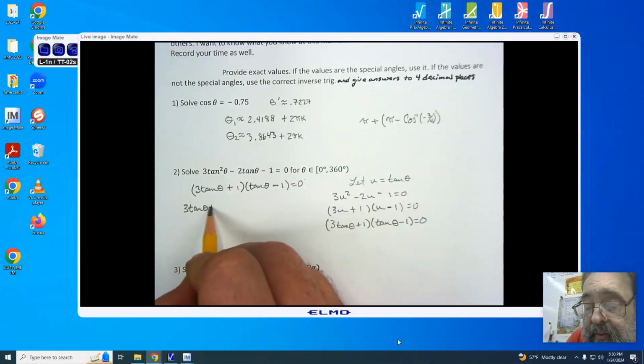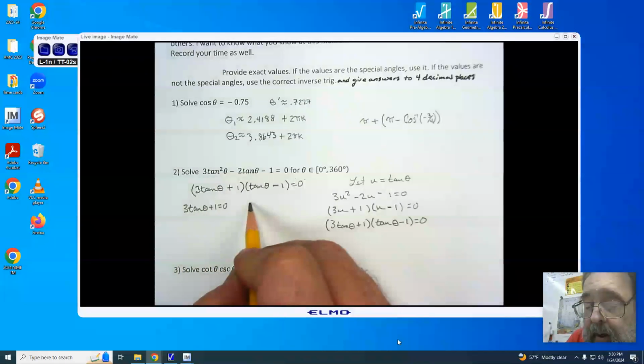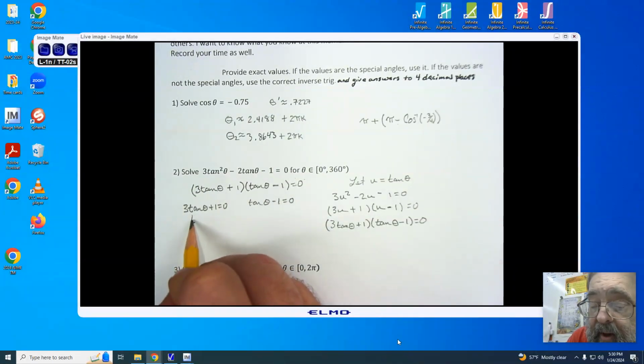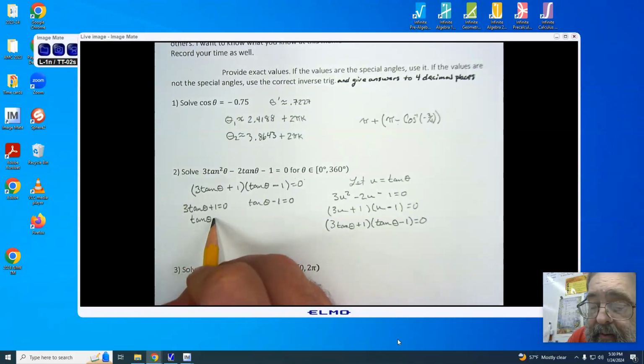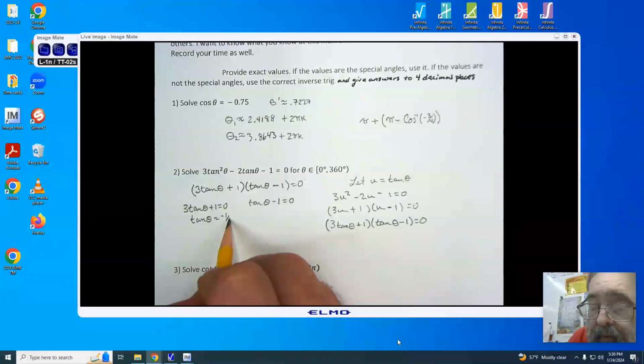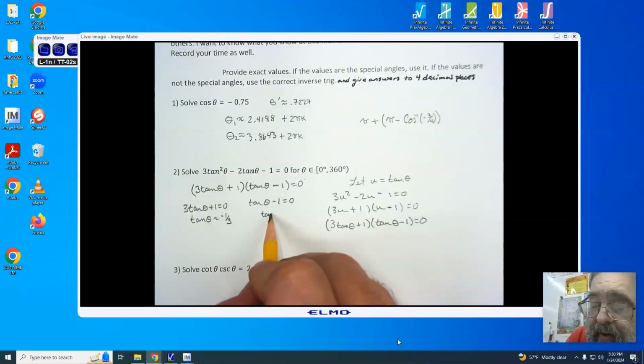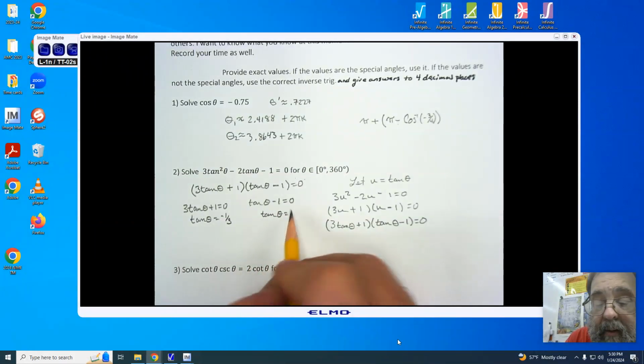Tangent of theta plus 1 should equal 0, and the tangent of theta minus 1 is equal to 0. This is giving me the tangent of theta is equal to negative 1 over 3, and the second one says that the tangent of theta is equal to 1.